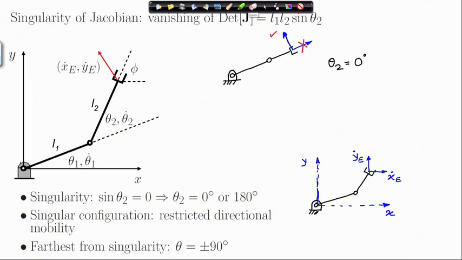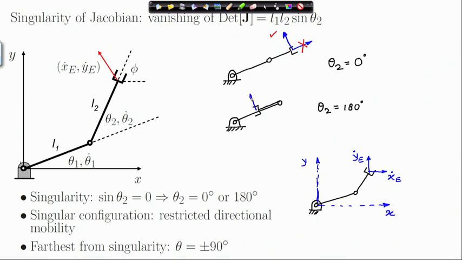As I have shown you, there is another configuration corresponding to theta equal to pi, so this is theta 2 equal to 180 degree or pi radian.